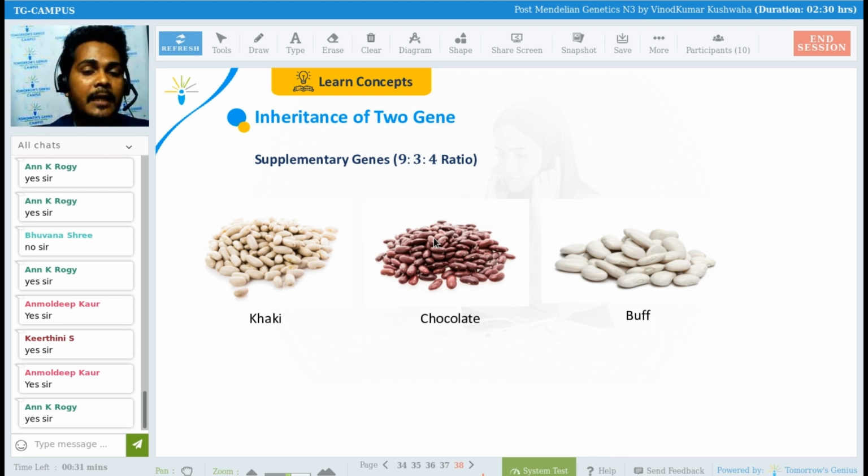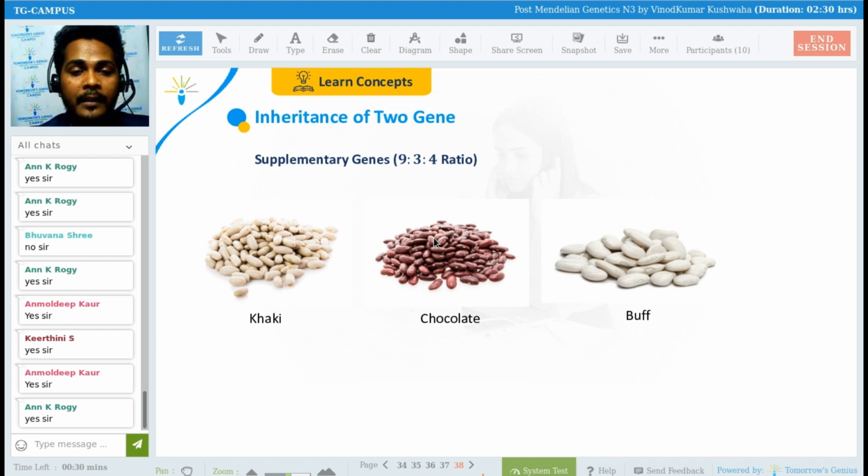Supplementary genes are a pair of interacting genes in which there are two pairs, one of which produces its effect independently in the dominant state, while the dominant allele of the second gene needs the presence of the other gene for its expression. That means one is going to produce its effect independently, and the other is going to wait for the other to be present, and only then is it going to be expressed.